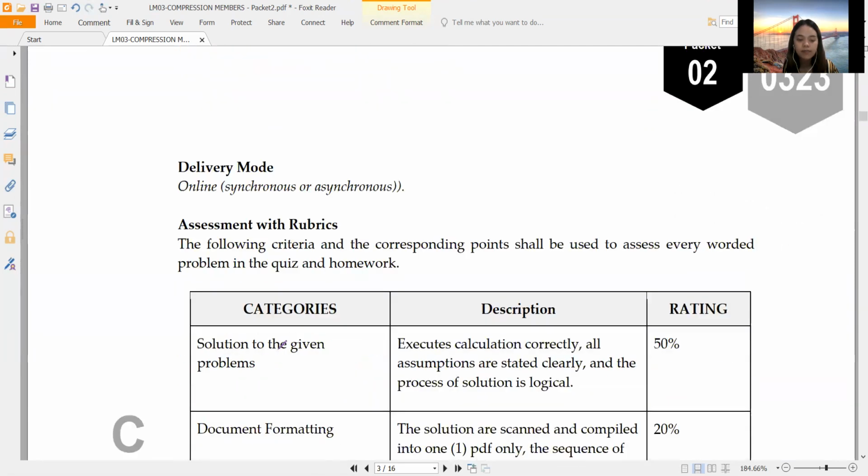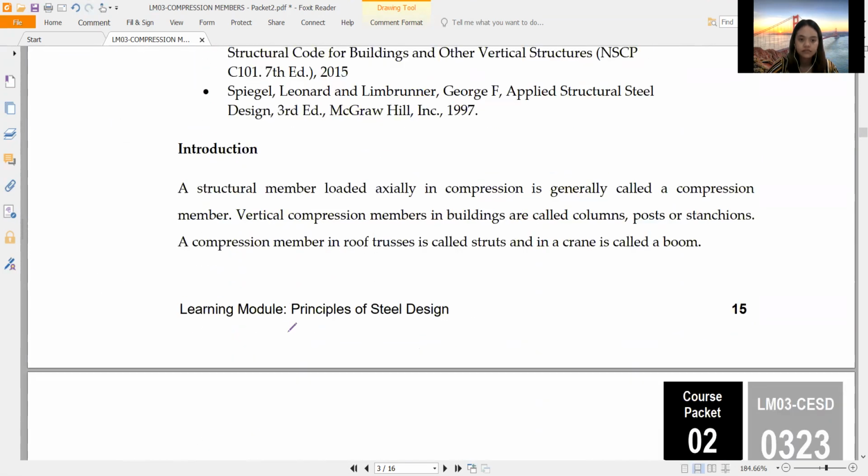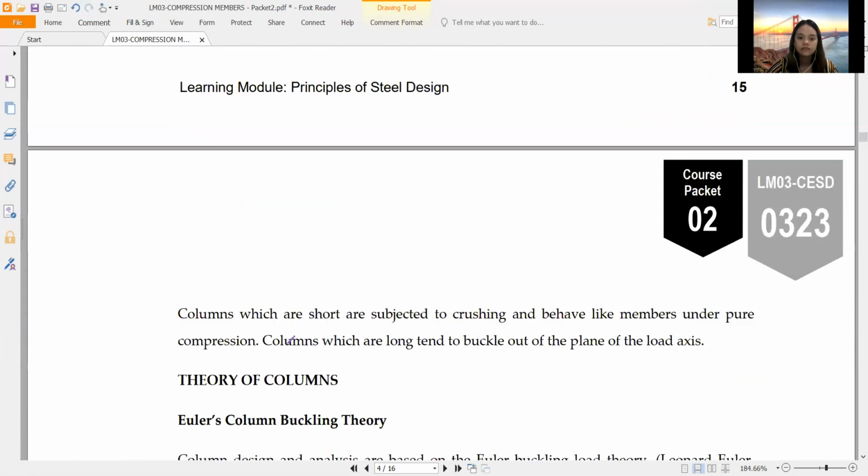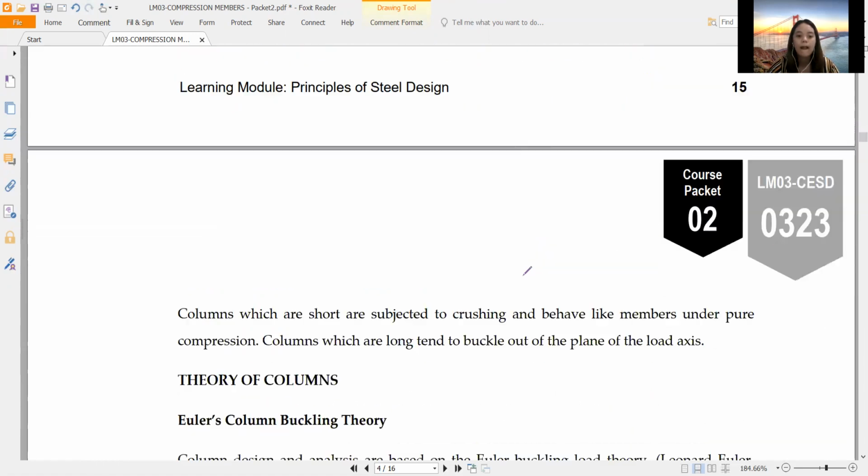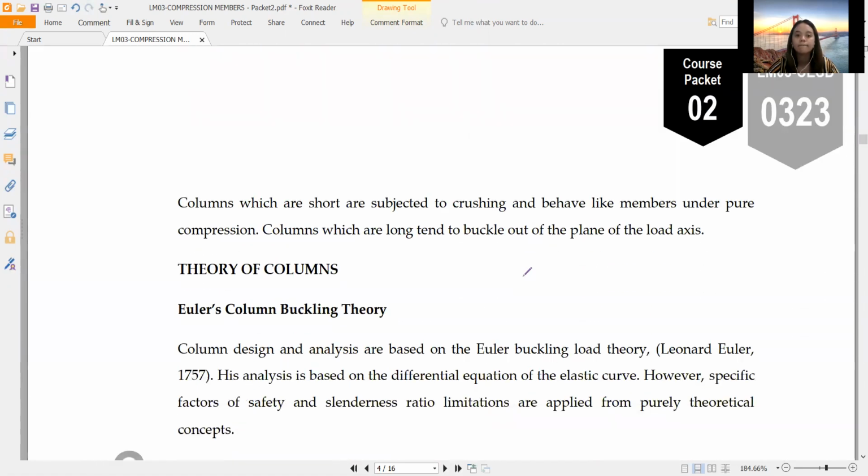So, for this topic, these are just definitions: our vertical compression member can be called columns, most commonly, or posts, or stanchions. Compression members for trusses are called struts, and for cranes, these are called booms. Okay, so columns can be short.